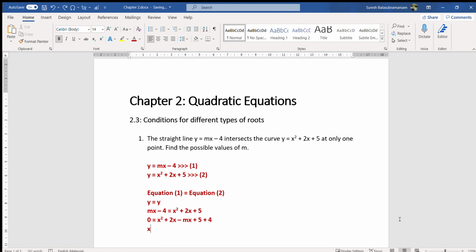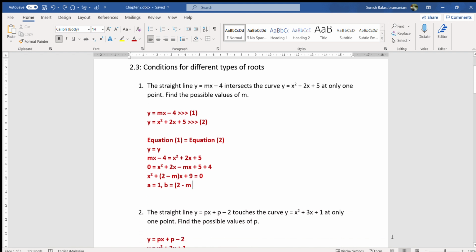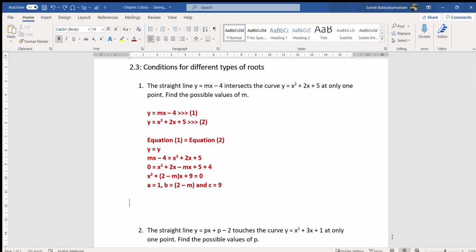Rearranging, x squared plus, I will factor out x, I get 2 minus m, x, plus 5 plus 4 is 9, equals 0. Now I need to identify my a, b and c. So my a is 1, my b is 2 minus m, and my c is 9.